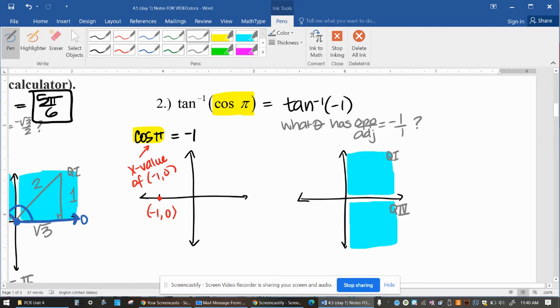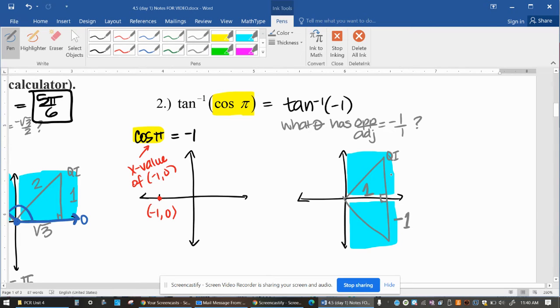Okay, so again, you can draw both triangles, but in this case, for opposite over adjacent, because we want the ratio to be negative, we're going to lean more towards quadrant 4 because that's the one that can give us a negative value. Okay, so we want opposite over adjacent to be -1/1.